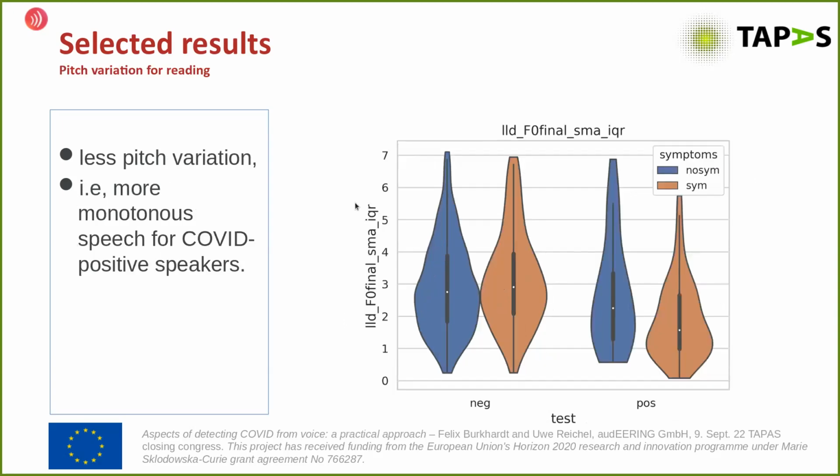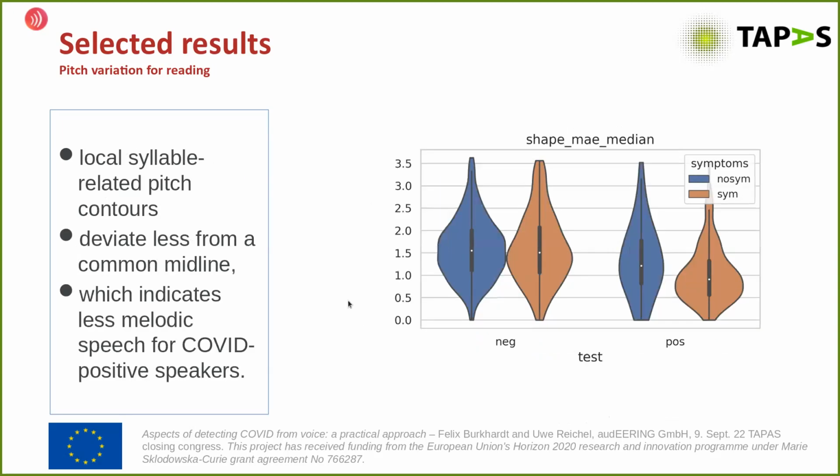And I guess one of the last ones, pitch variation for reading. There was less pitch variation, more monotonous speech for the speaker, as you can see here. Interestingly, maybe it's not so important if it's the symptoms or not symptoms.